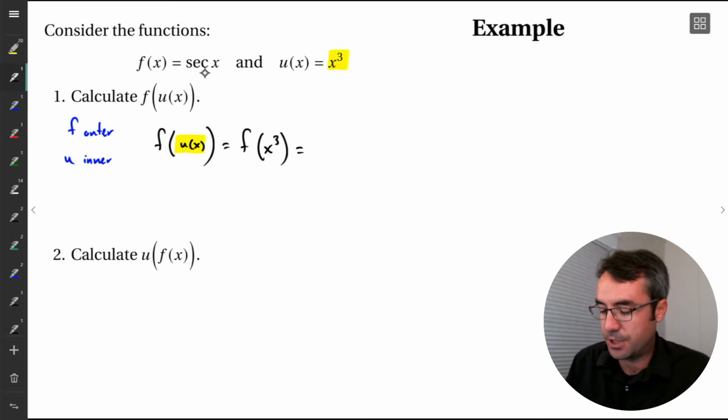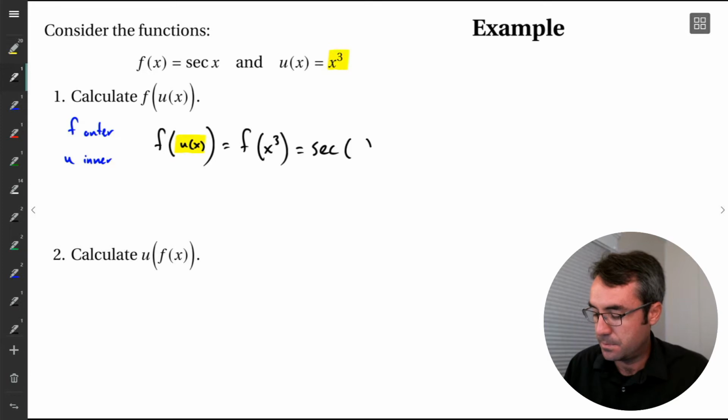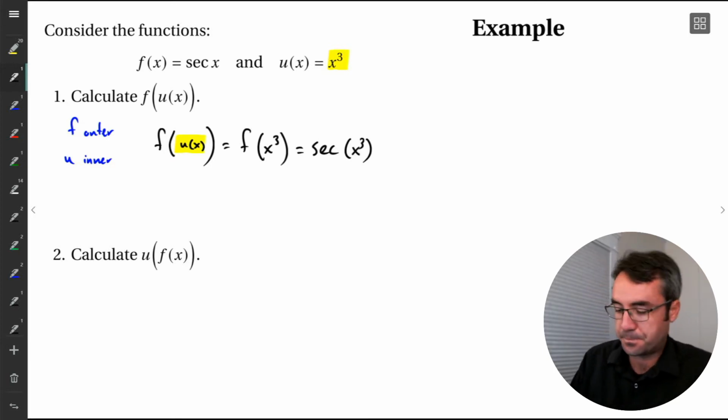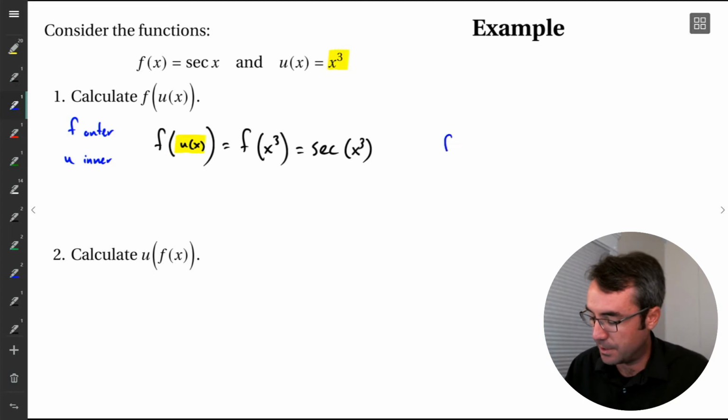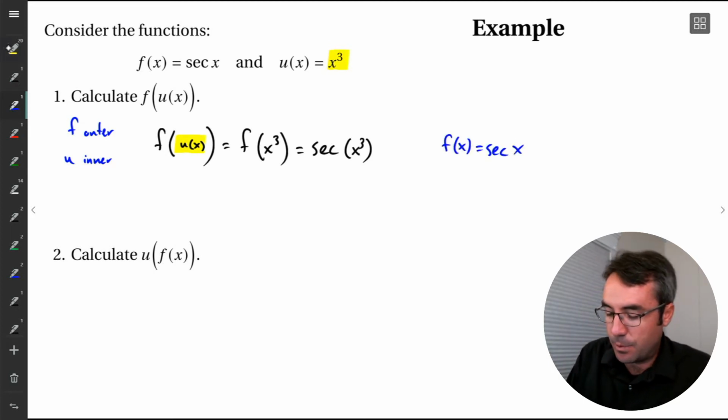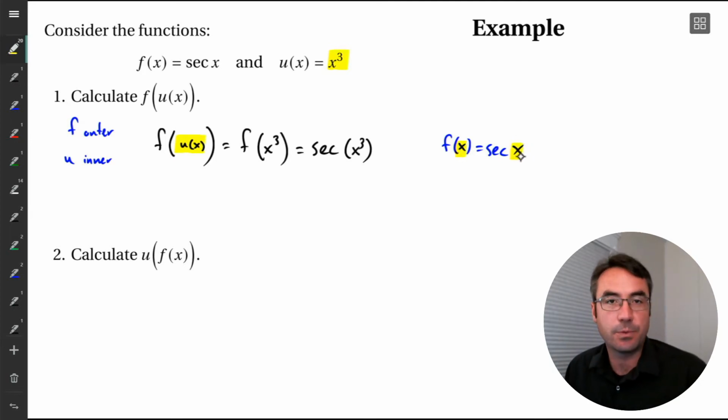So what is our function f? Well, it's the secant function. And instead of an x here, we're going to replace that with an x cubed. So our outer function was f of x equal to secant x. And what we did is we looked at each of these x's, and essentially we replaced them with our inner function, which was x cubed.